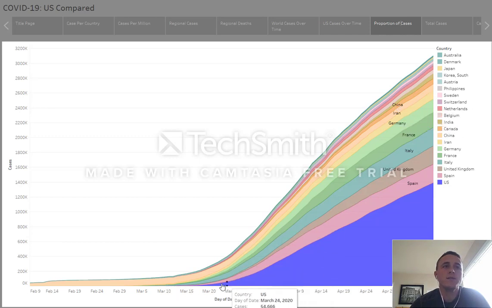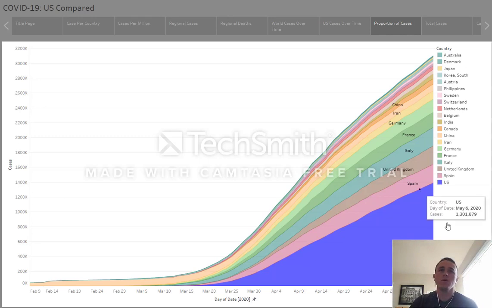Whereas the US goes from really nothing to almost half of this chart. With that said, this is only the 20 countries with the highest number of cases, arranged by size, up to the top.